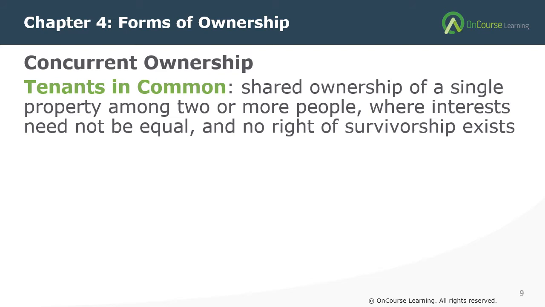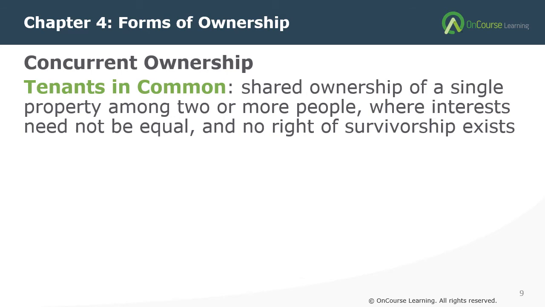Okay. Well, let's kind of deconstruct this definition where it says where interests need not be equal. If it is not mentioned in this form of ownership, well, then it is equal. If it is not equal, it needs to be mentioned as to how the tenants own their proportionate share.